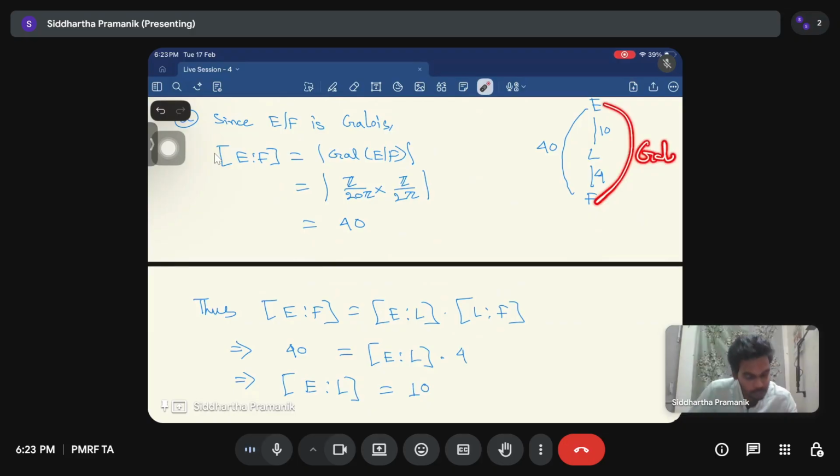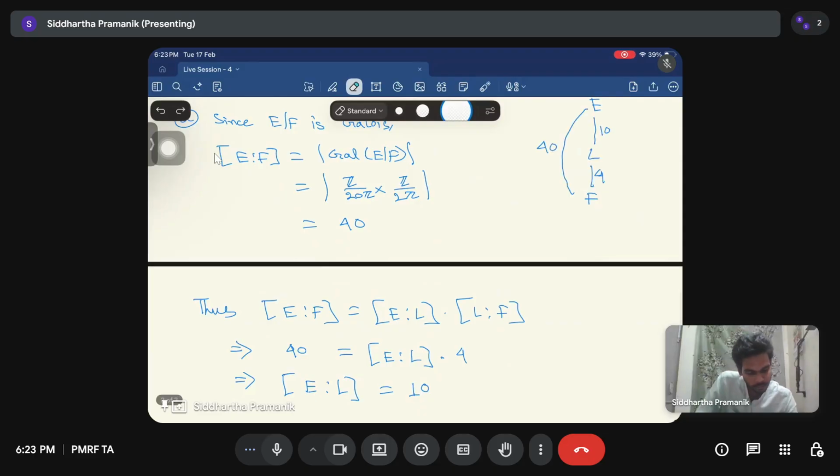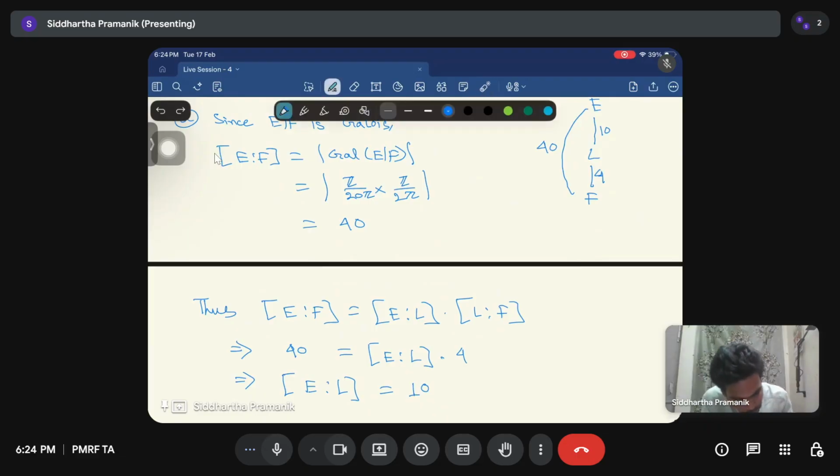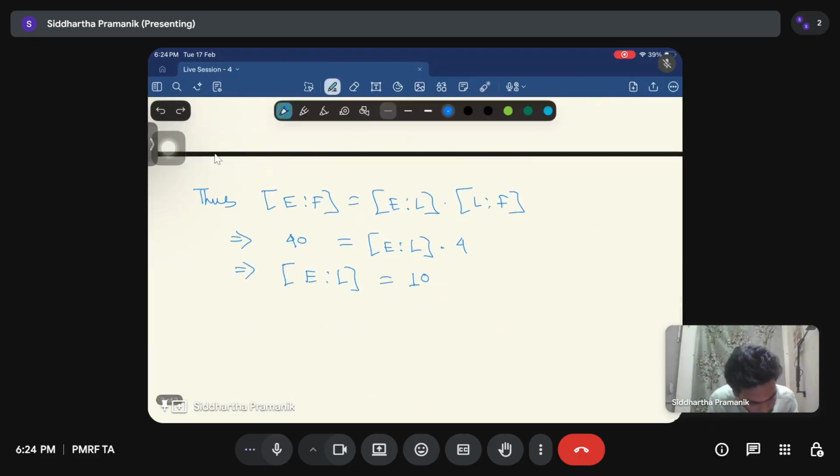So now we can use the fundamental theorem. The intermediate field L is in one-one correspondence with a subgroup of the Galois group of E over F. So we need to use that.